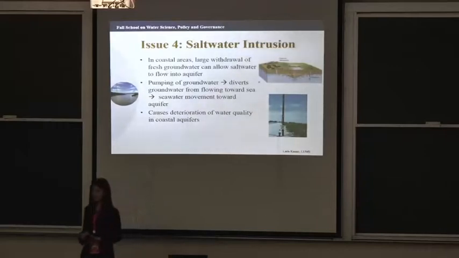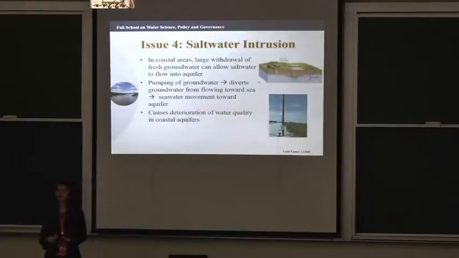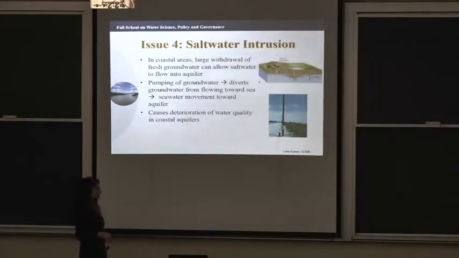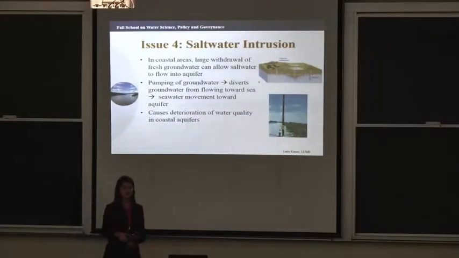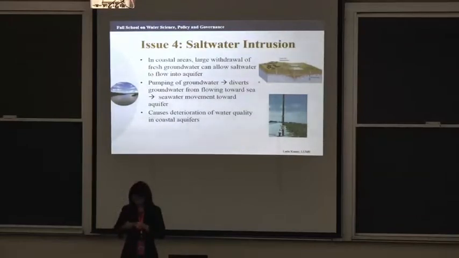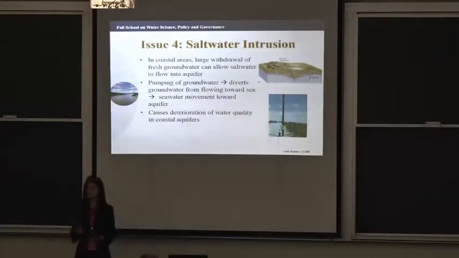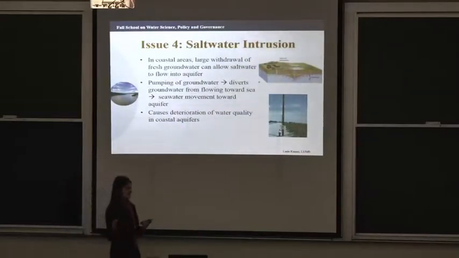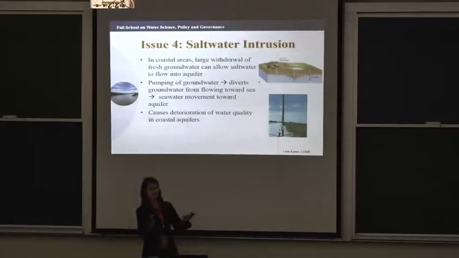The fourth issue that we see in coastal areas is saltwater intrusion. What happens basically is there's a density difference. In coastal areas, because there's a density difference between regular fresh water and saline water, salt water starts entering the groundwater.